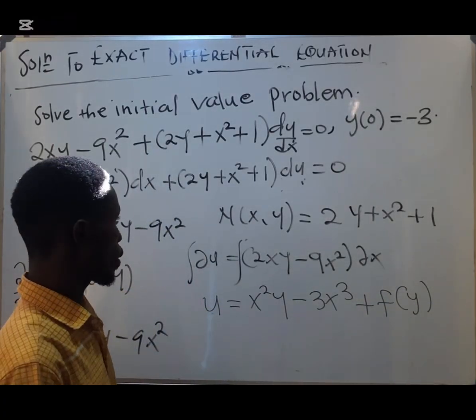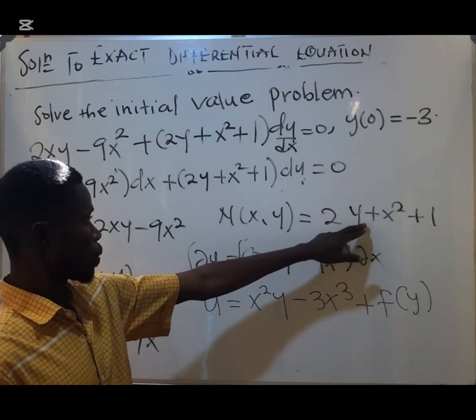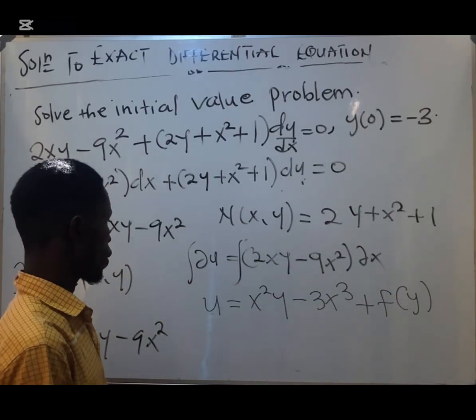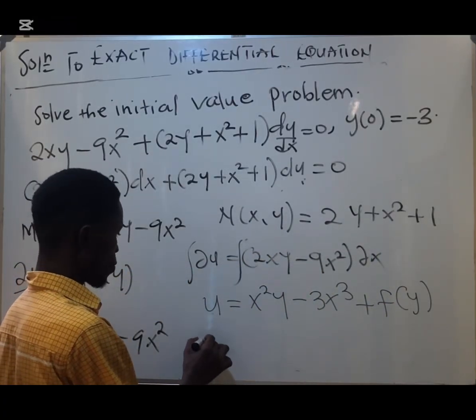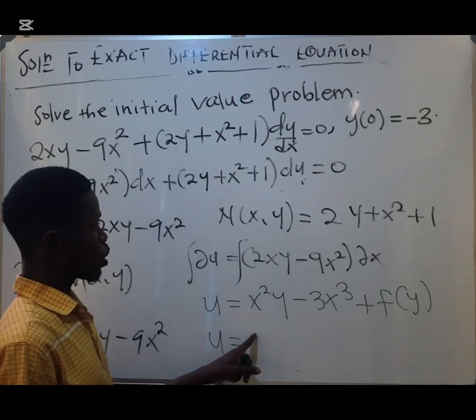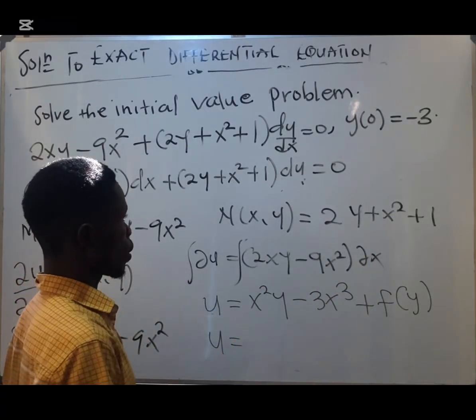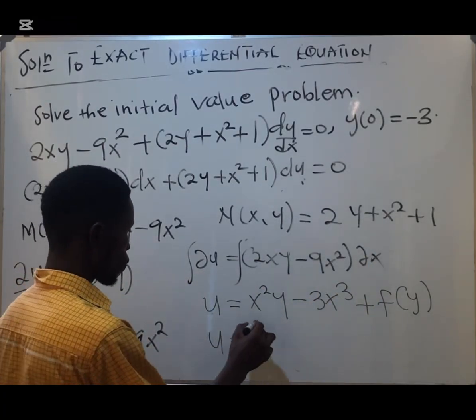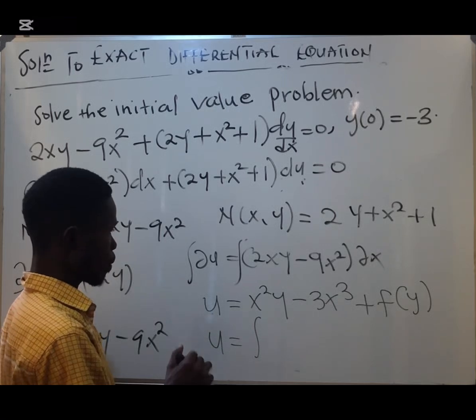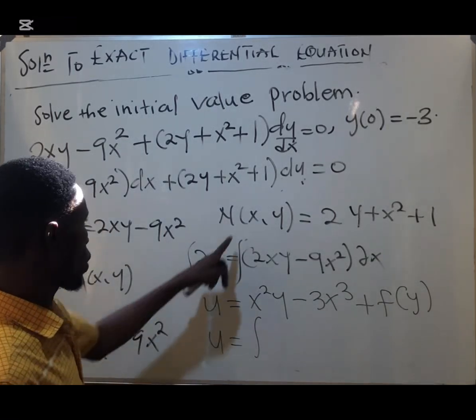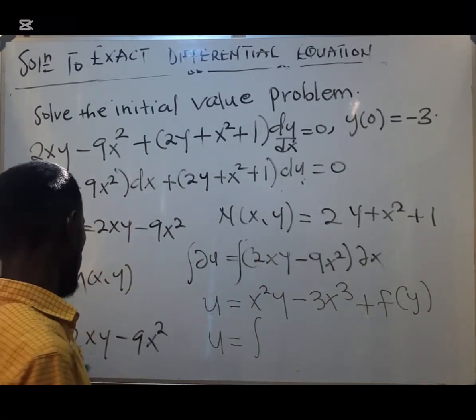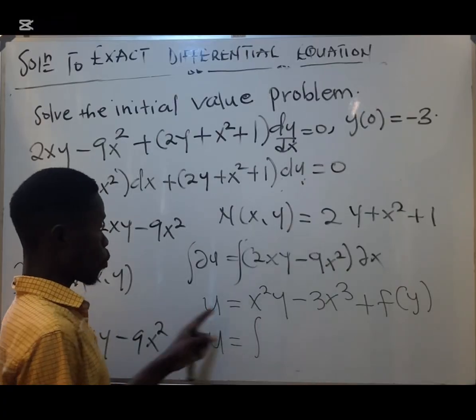Are we seeing it? Then here we move to the next one. So who can guess the next one? I'm going straight. Here I'm going to integrate this one with respect to y, because always the N with respect to y, the M with respect to x.